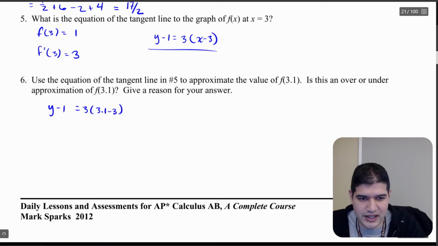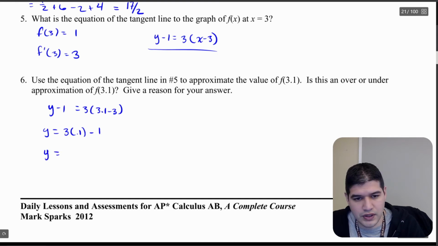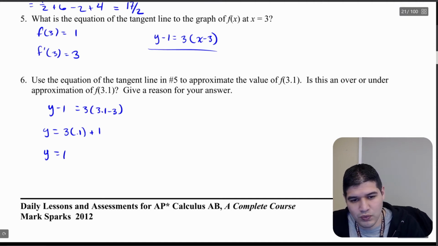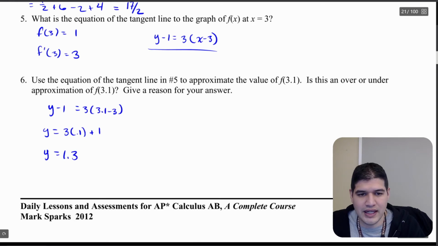Let's simplify this. I'm going to add 1 to both sides, so I get y, which is f of 3.1, equals 3 times 0.1 plus 1, since 3.1 minus 3 is 0.1. So that's 1.3. That's f of 3.1.